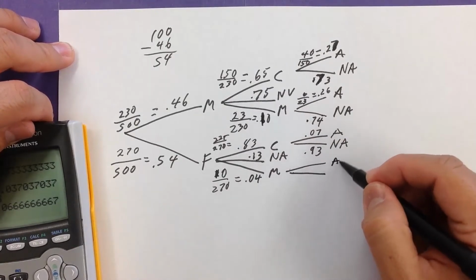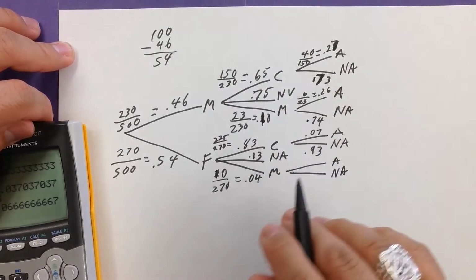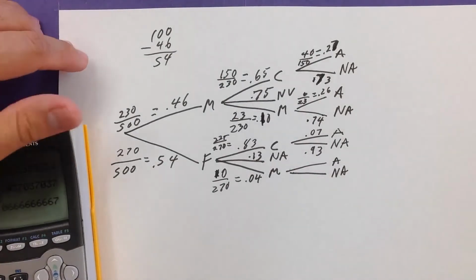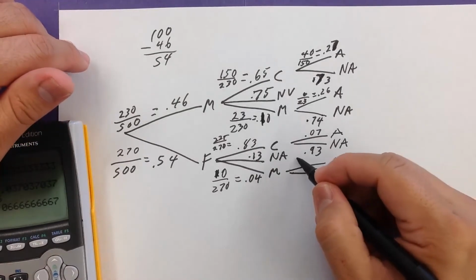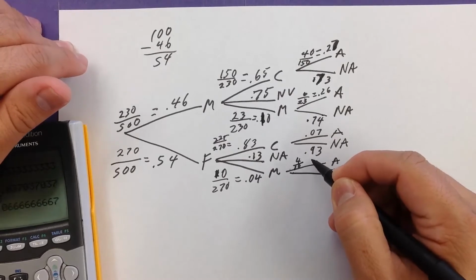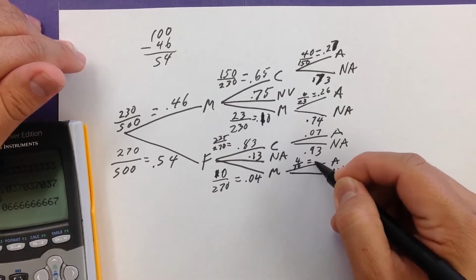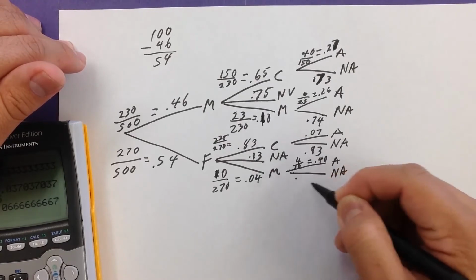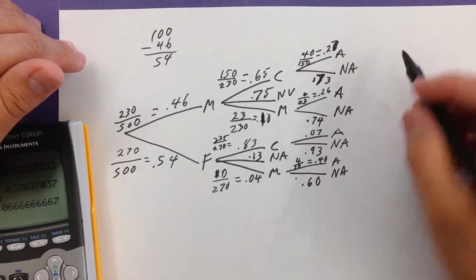And finally, we have accidents, no accidents. Okay, make sure everything's come through. Yes. We have 4 out of 10 motorcycles driven by females that got into an accident, so 0.40. And then of course the final one, this is going to be 0.60.